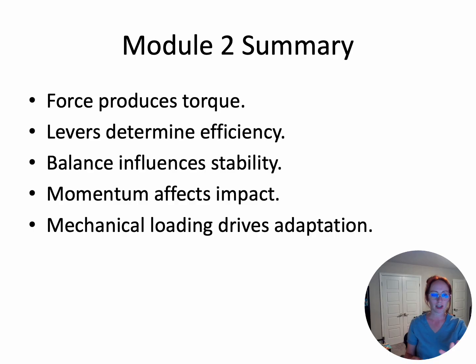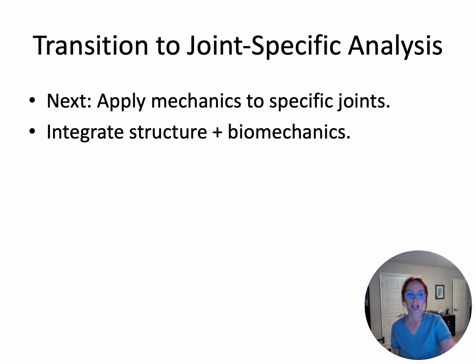So, a summary: force produces torque, levers determine the efficiency, balance influences stability, momentum affects impact, and mechanical loading drives adaptations. Next up, we're going to transition into joint-specific analysis, where we're going to apply mechanics to specific joints and integrate structure with our biomechanics thus far.